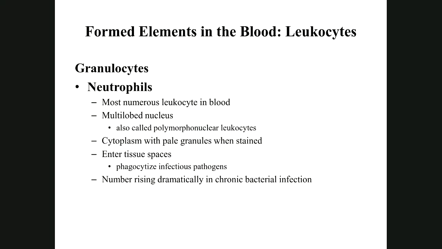Neutrophils, these are the most numerous, and again, we don't have as many whites in the blood as we have everything else, but these neutrophils are the most numerous white blood cell in the bloodstream. And so these guys are the first line of inner defense, because their numbers rise dramatically during bacterial infections, especially chronic.